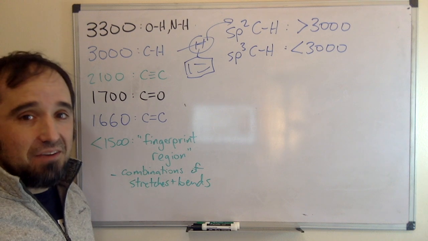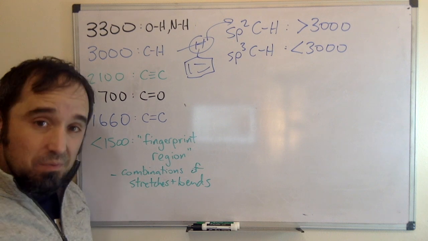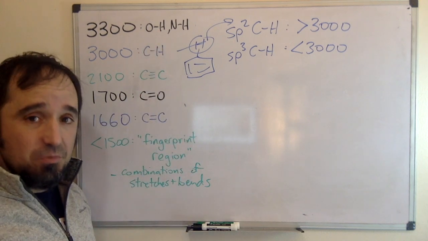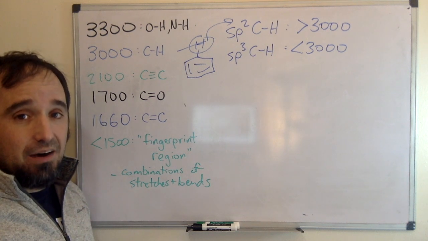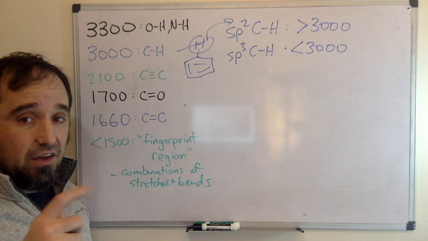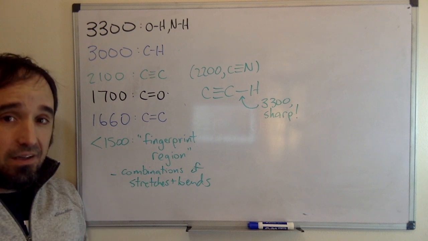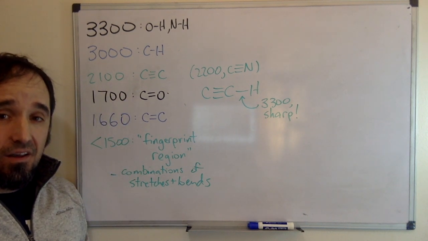Most compounds you're going to see have some kind of CH, and so we're usually going to see some peaks around 3000. They're going to be a lot sharper than OH because they're not hydrogen bonding. And they're going to be a lot smaller too because the CH bond is a lot less polar than OH and NH are.